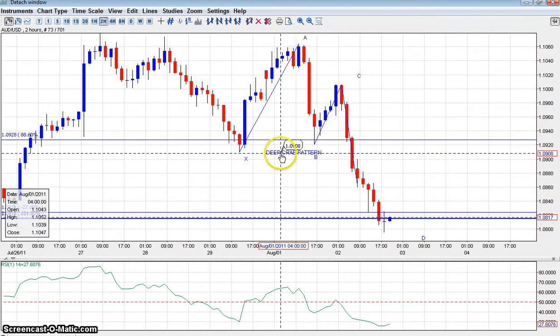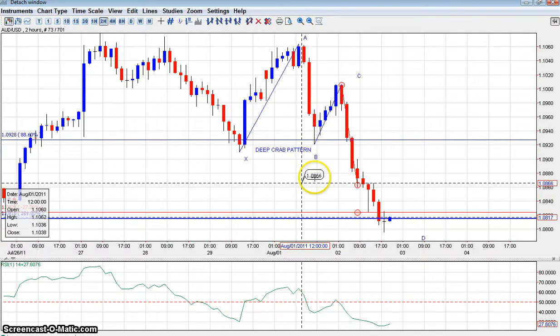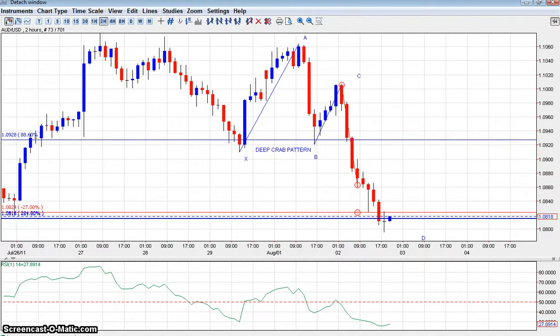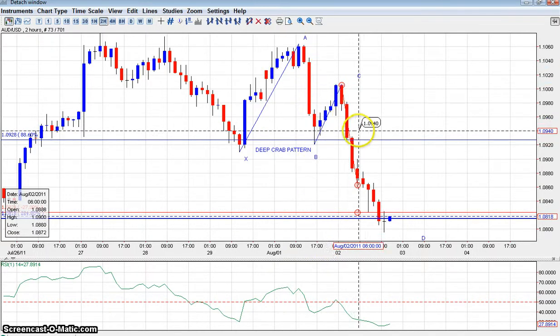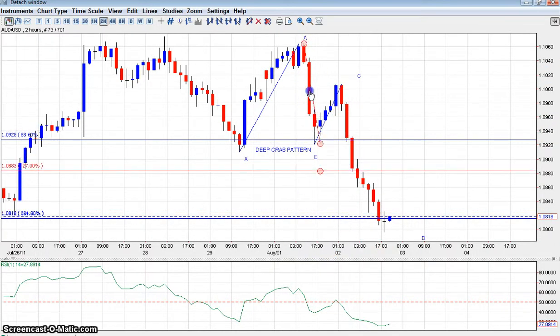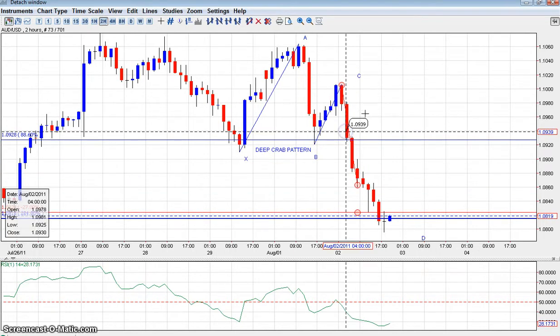Now point D is defined by 3 price levels. The upper boundary is the 127% Fibonacci extension of the AB leg, which is this right here, projected from the C point.